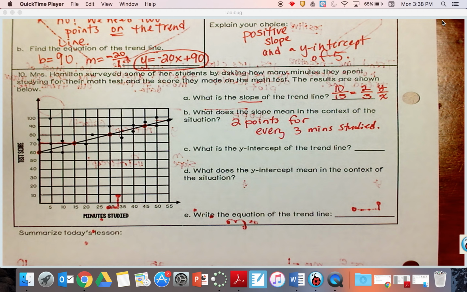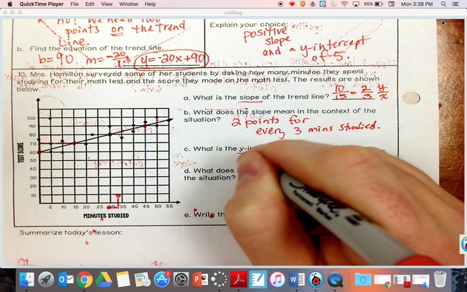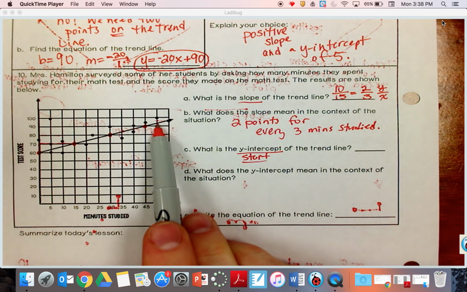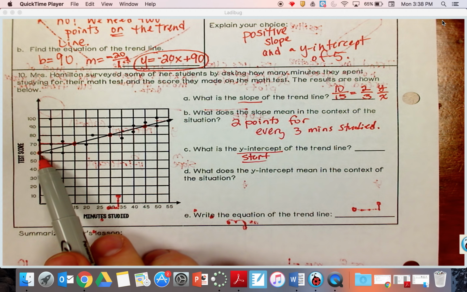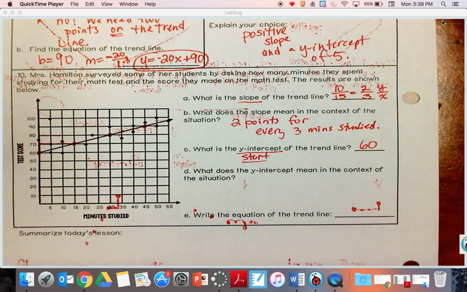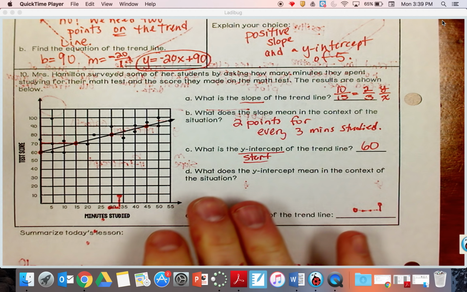Now, what is the y-intercept, or the start of my trend line? Where does it cross the y-axis? Well, if I follow this all the way down to my y-axis, I see that it crosses at 60. So I know my y-intercept is starting at 60. And what does that mean?